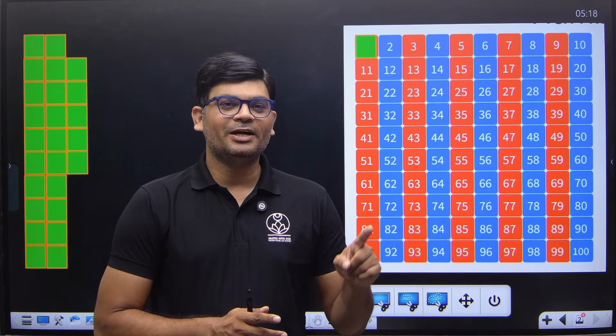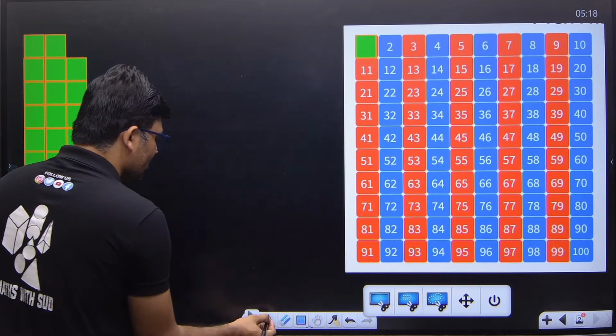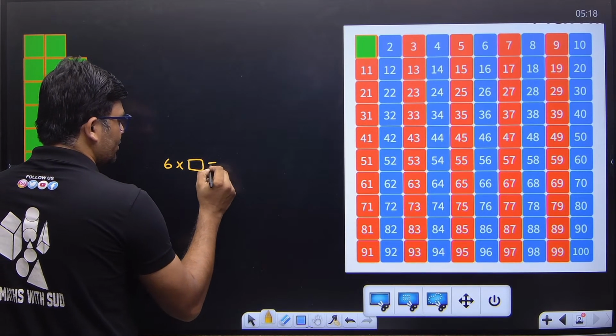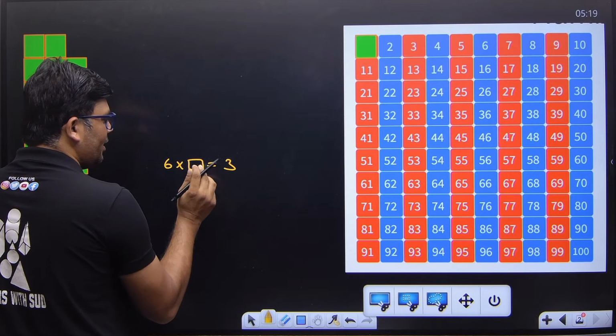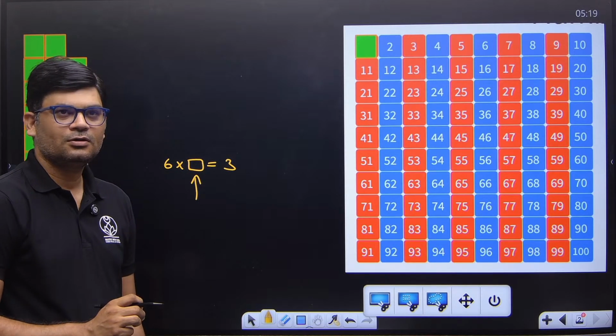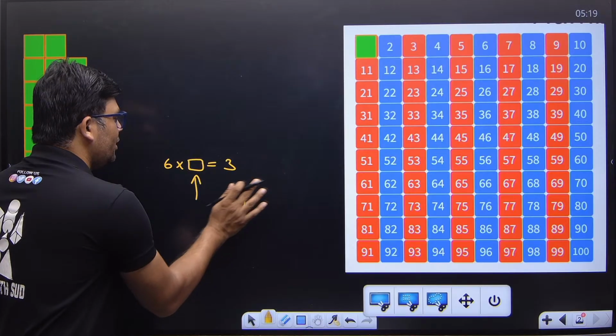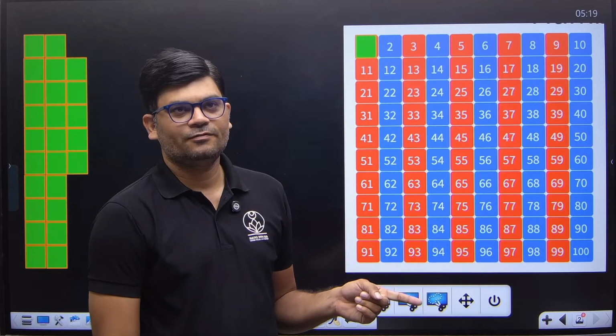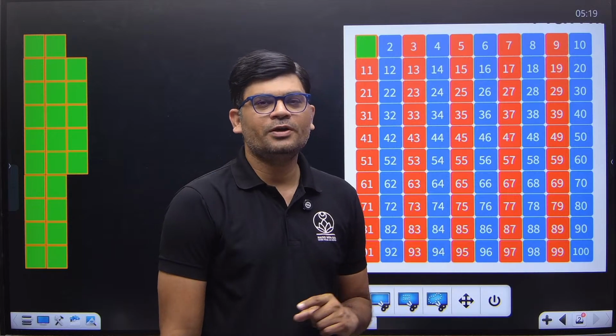Is 3 a multiple of any number? Is there any number which multiplied by something gives you 3? No. So 3 is divisible by only two numbers, 1 and itself. So 3 is also a prime number.